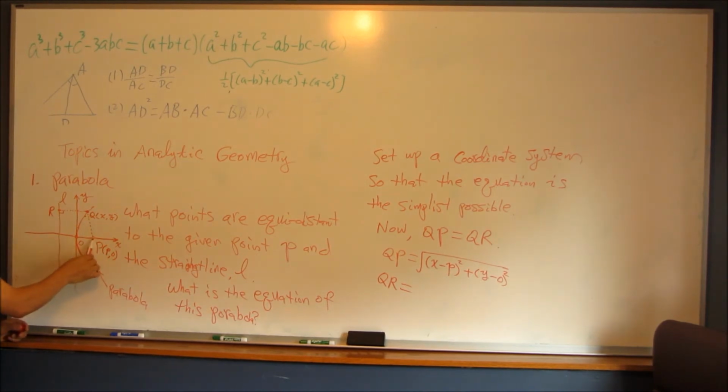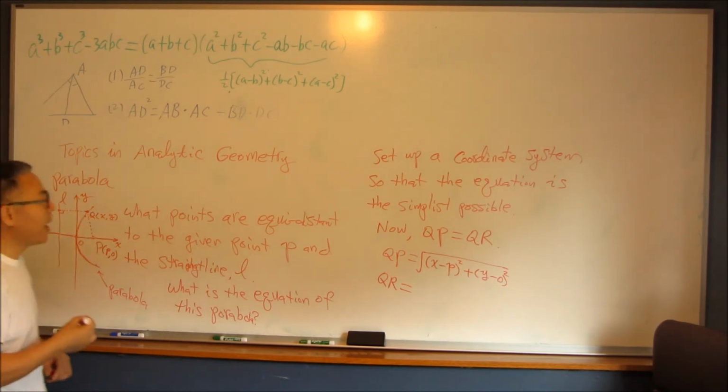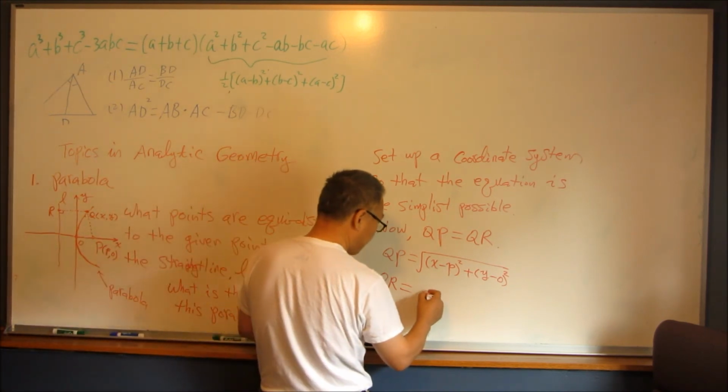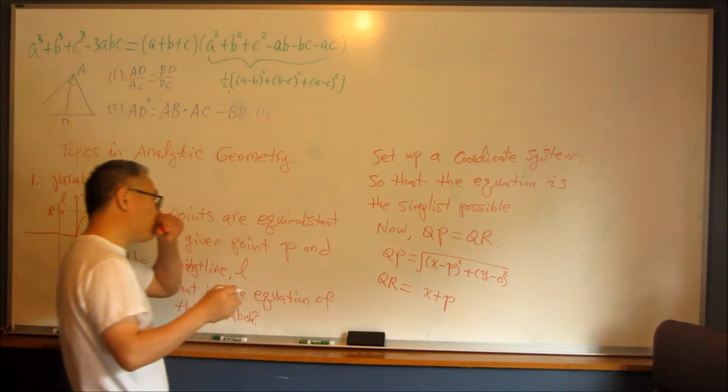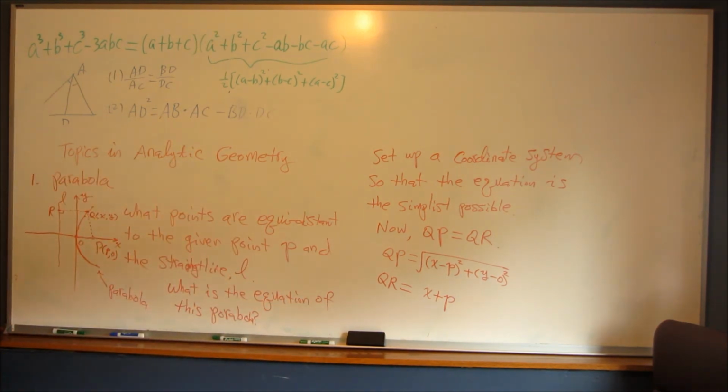Keep in mind here p is positive. And this part is the x coordinate, x. So QR is x plus p. Very simple.